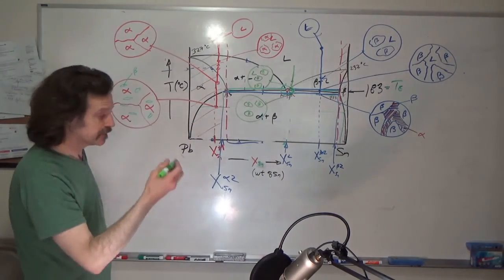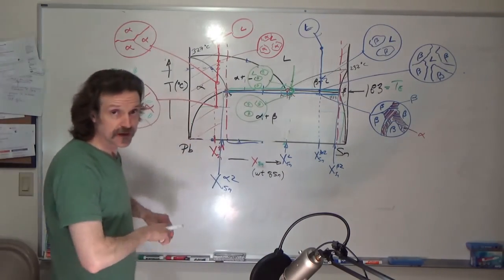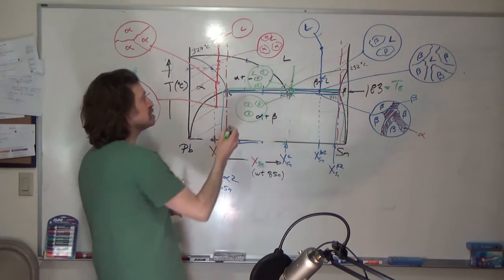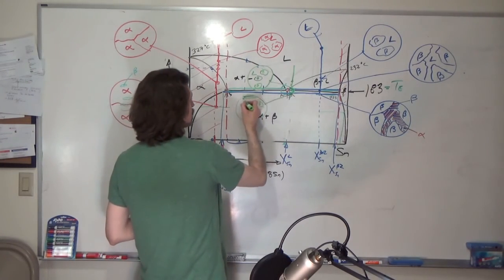And now we have our two-phase eutectic microstructure, which makes up the balance.